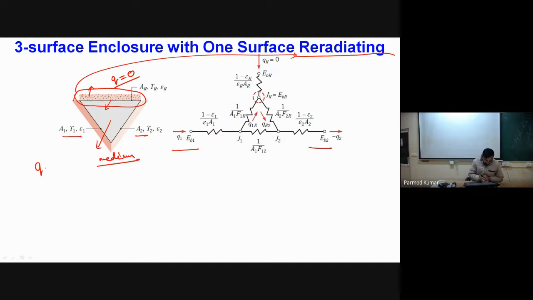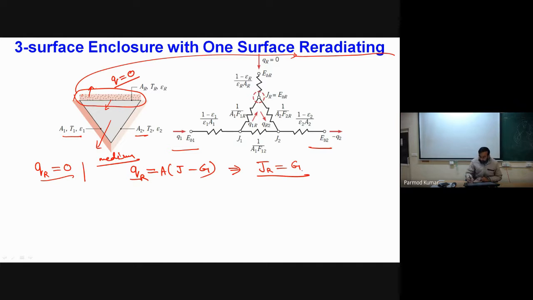So Q for a re-radiating surface will be equal to 0. From our general formulation, we have studied that Q is equal to A times J minus G. So if Q for a re-radiating surface is 0, J will be equal to G.